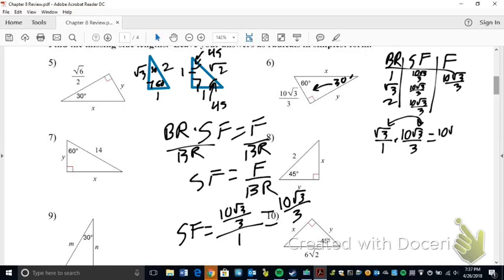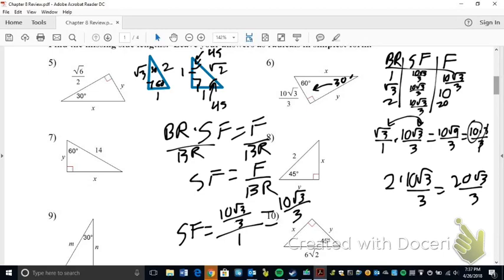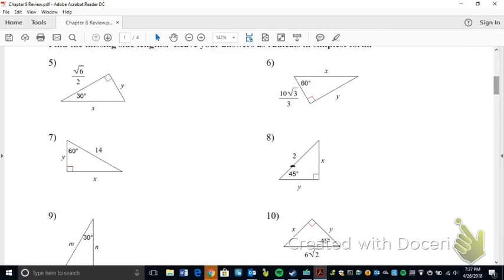So the square root of 3 times the square root of 3 is going to be the square root of 9. Square root of 9 is 3, so we end up with 10 times 3 over 3. The 3's cancel out and we get 10. Now, if we have 2 times 10 radical 3 over 3, we just multiply the 2 and the 10 together. We get 20 radical 3 over 3. Don't let the radicals throw you. Then we label them x and y, because that's our job.